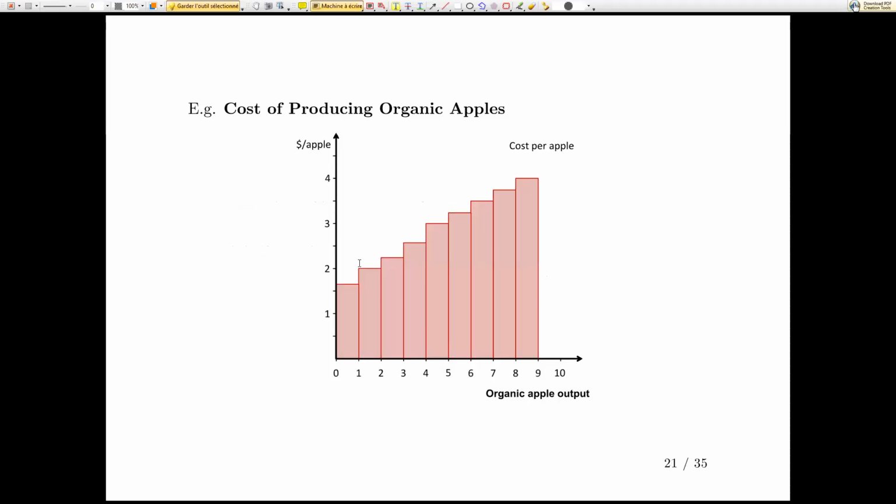So this is the same idea as before. Price per apple, cost per apple. So why would the cost per apple increase?